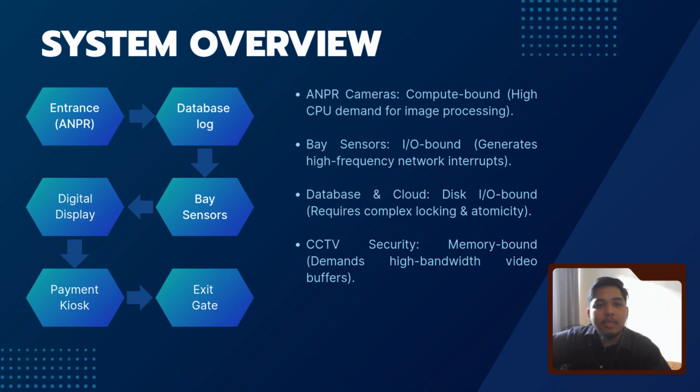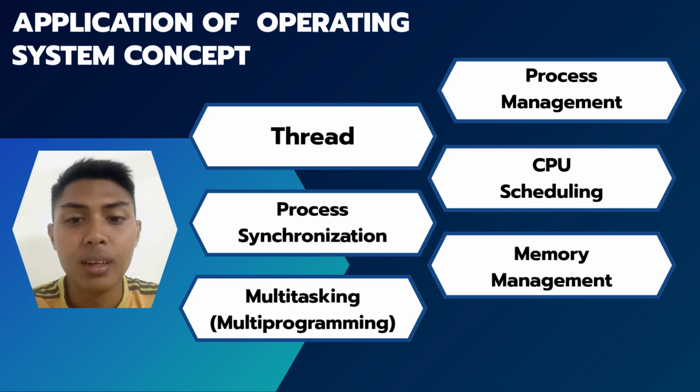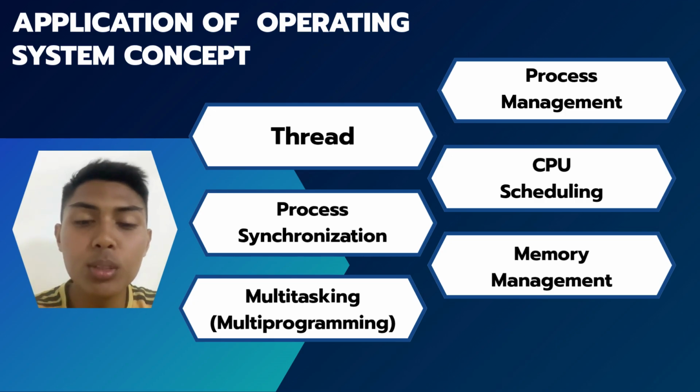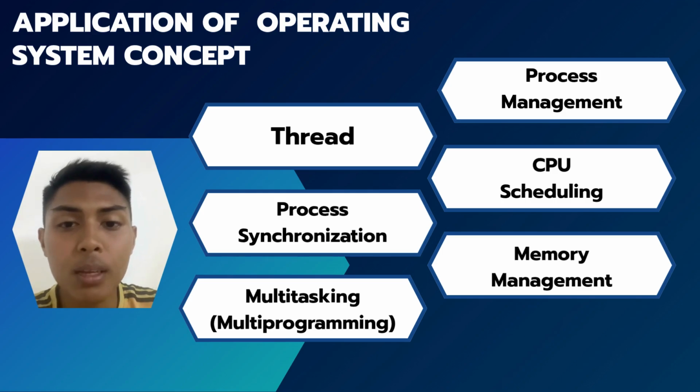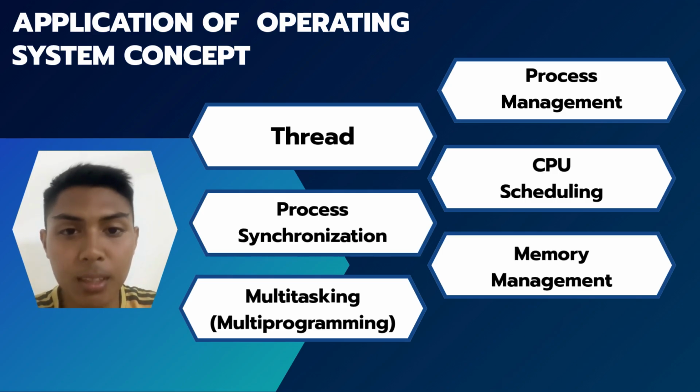The database is disk I/O bound, requiring memory locks to keep data safe. And the CCTV system is memory bound, needing a lot of RAM for video streams. When all these different demands hit the system at the same time during peak hour, the OS got overwhelmed and crashed.